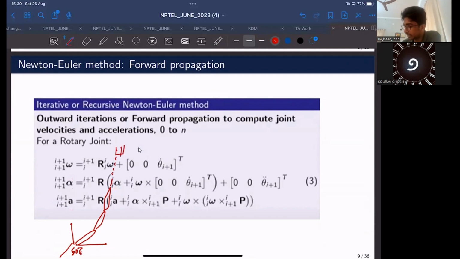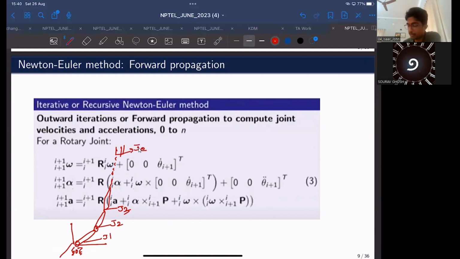For the forward propagation, suppose we are given the initial condition, the velocity of the ground frame, as well as the velocities of each of the individual joints. We can label these joint 1, joint 2, joint 3, etc., up to the end effector.